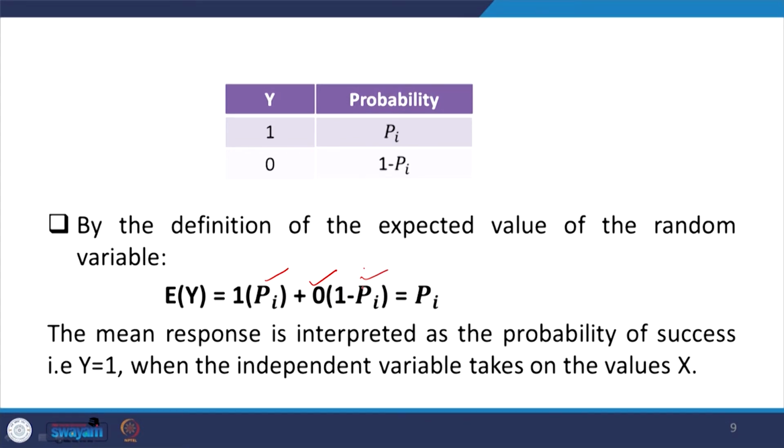So the average in the Bernoulli distribution is nothing but the probability p. In the Bernoulli distribution, p is for success and q is for failure, so the average is nothing but p. Here we define that the average is nothing but pi. The variance, if you remember, is simply p into q. Now, the mean response is interpreted as the probability of success, when y is 1 and the independent variables take the values of x.